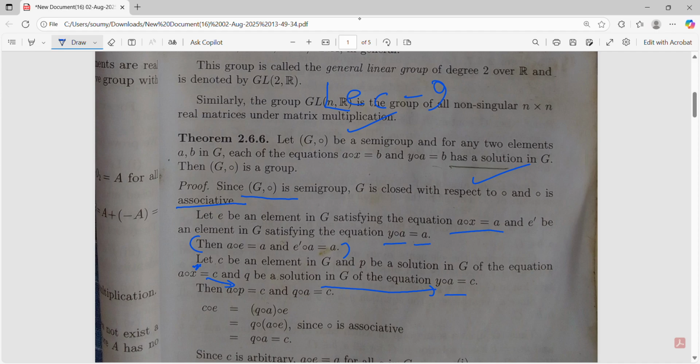Now we take C compose E, which can again be written as Q compose A compose E by this.